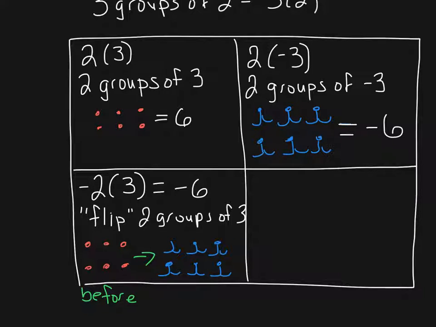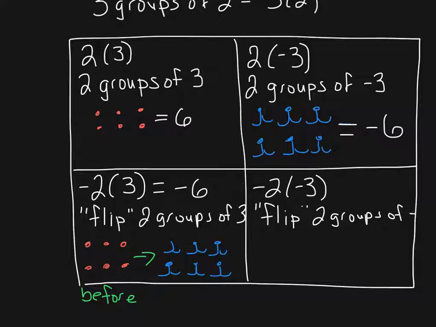And then our last type of problem will be negative 2 times negative 3, or what we're going to say is that we're going to flip 2 groups of negative 3. It's kind of like we did in the last one. We're going to draw out our 2 groups of negative 3, so in this case our 6 anchors.